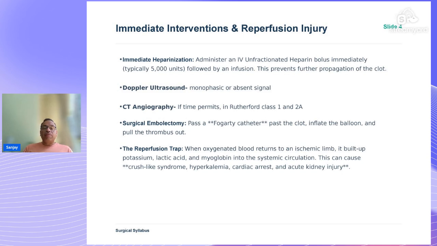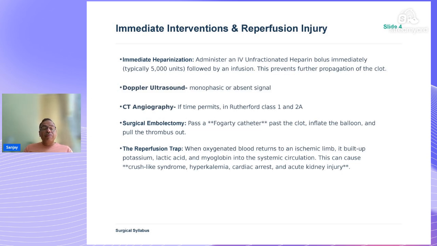The normal arterial signal in a normal patient is triphasic, whereas when there is diminished blood flow, it becomes monophasic on Doppler. It may become monophasic or totally absent, as in 2B and 3. So a monophasic or an absent signal is very strongly suggestive of acute limb ischemia.